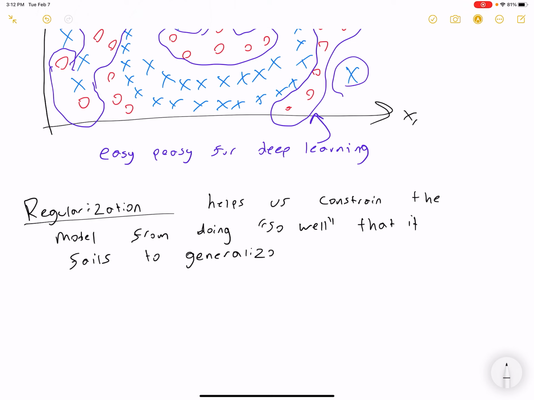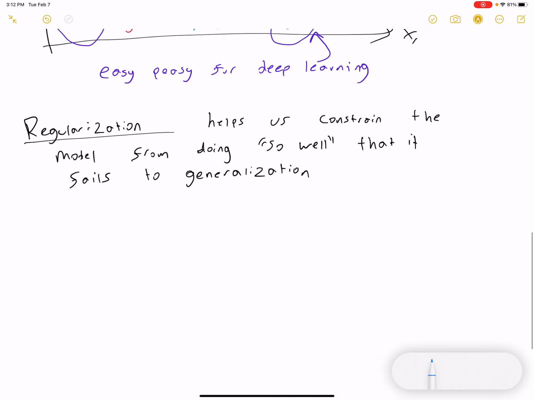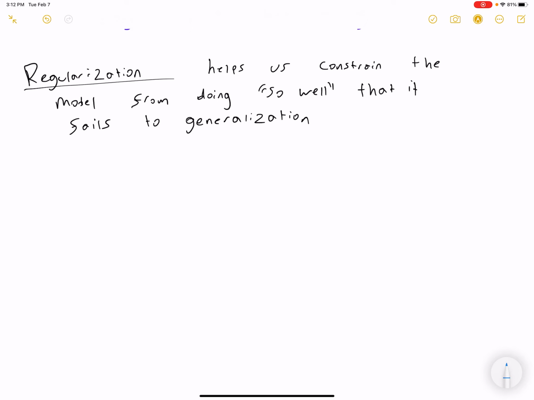So I had shown you in the past L1 and L2 regularization. Let's revisit those definitions just so we can remember them and then build upon them.